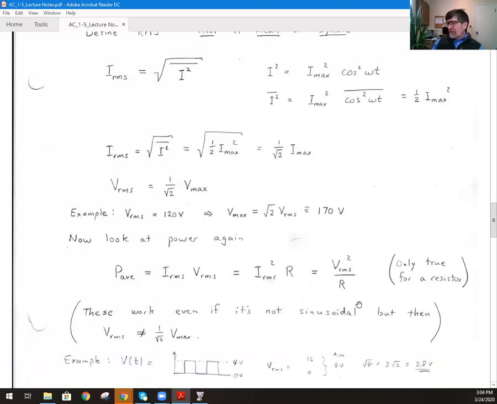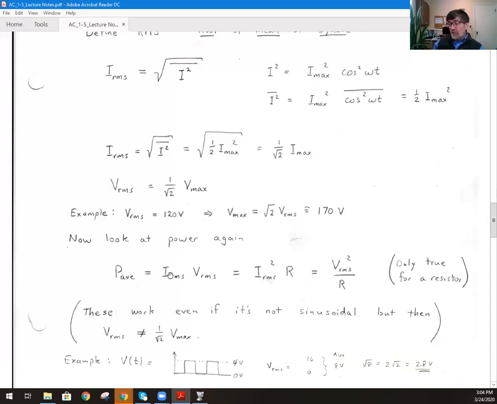Okay, so now to just kind of review, why did we do all of this? The reason is that if all you ever do is talk about RMS values, VRMS and IRMS, if you calibrate your meter and if you always quote the specs and everything is RMS, then when you try to calculate the average power, you just take IRMS times VRMS, because that already takes care of that factor of 2.